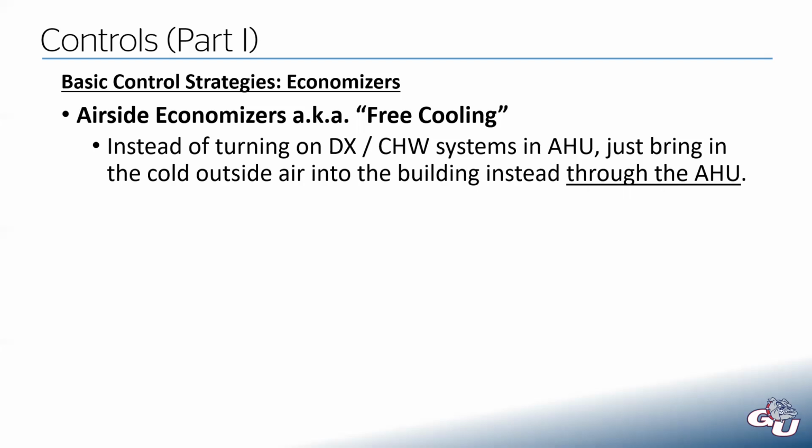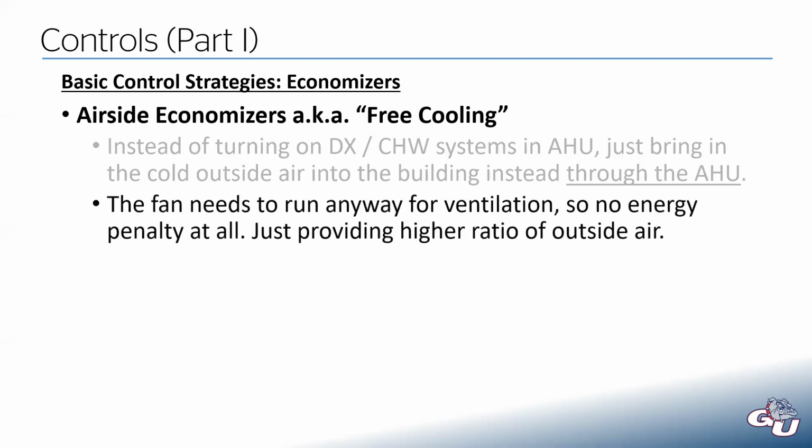Run the fan, push the cold air through the duct and into the space. The fan, specifically the supply fan on your air handling unit, needs to run anyway because we have to provide that ventilation. So there's really no energy penalty associated with an airside economizer.